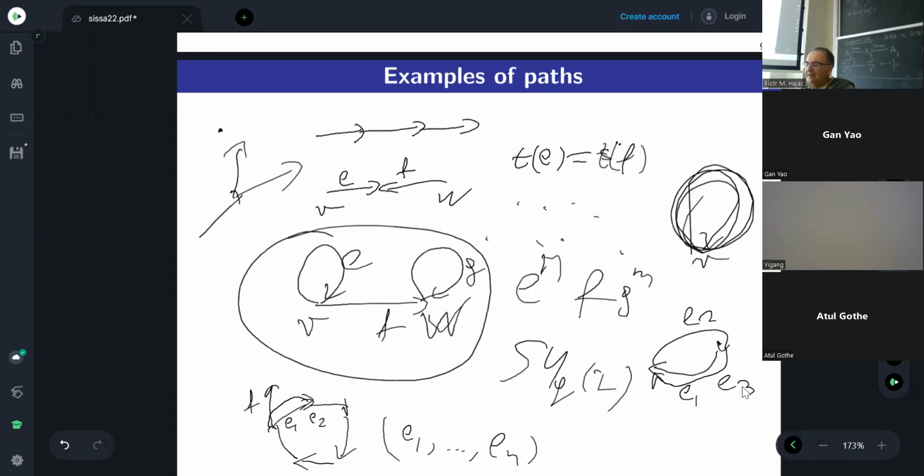I say that my loop is E1, E2, E3, E2. This is a nice loop. I go E1, E2, E3, E2. That's a loop of length 4, right?